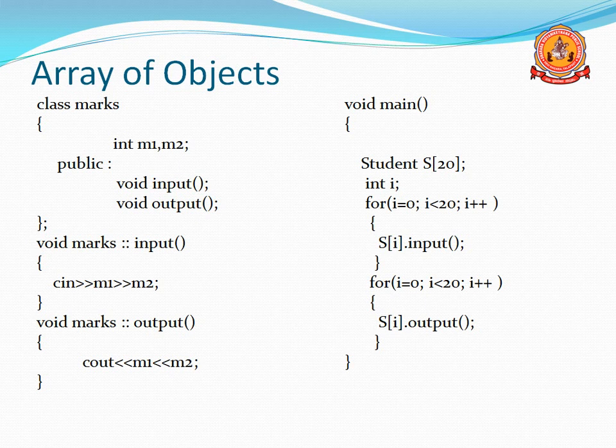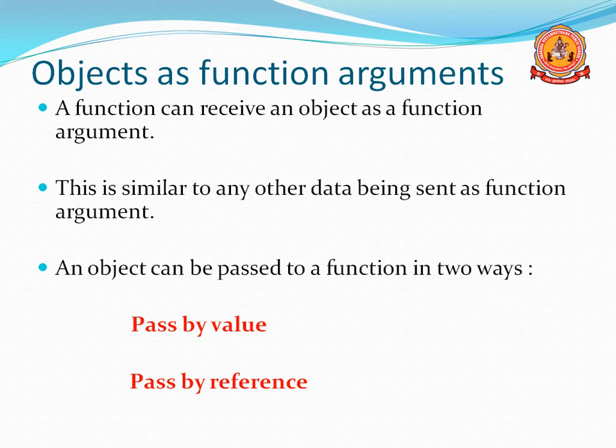Here is an example program, class marks, with int m1 and m2, two variables, and input and output functions. Here you can see in void main the array is created, then that is accessed by using the functions.